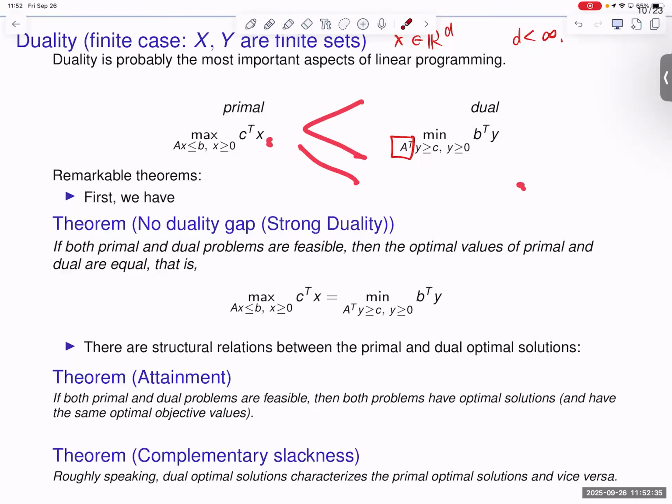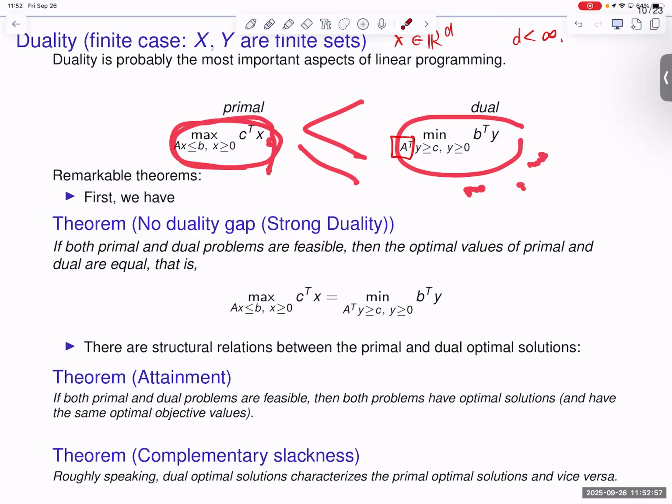That is, the maximum value of the primal problem is always less than or equal to the minimum value of the dual problem. Okay, this is something you can easily see, once you have like, I don't know, 5 minutes. But then this is not a theorem.